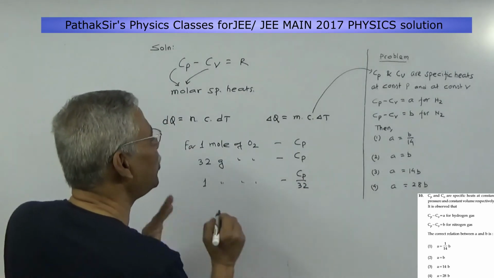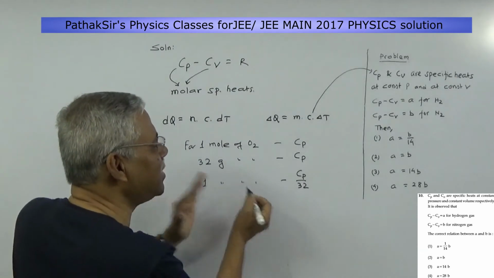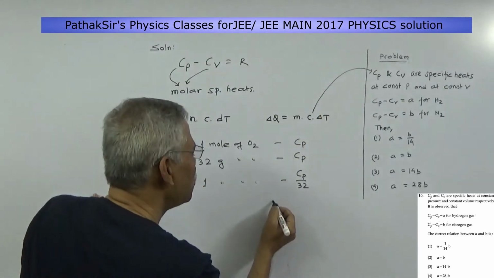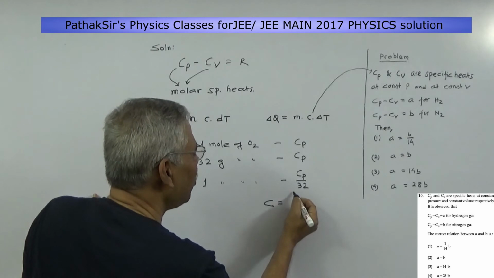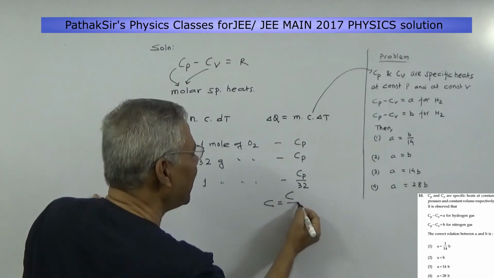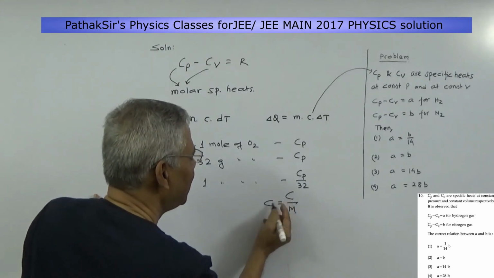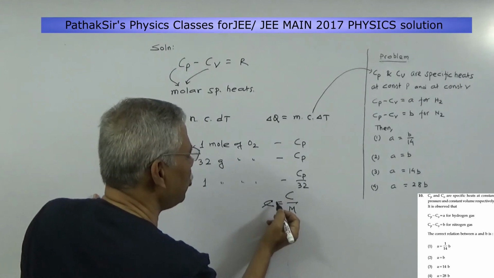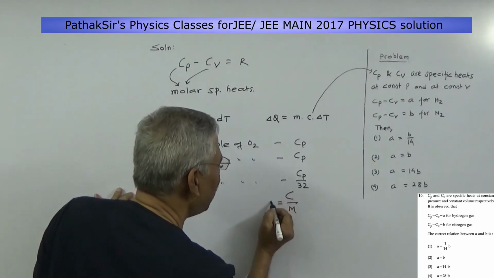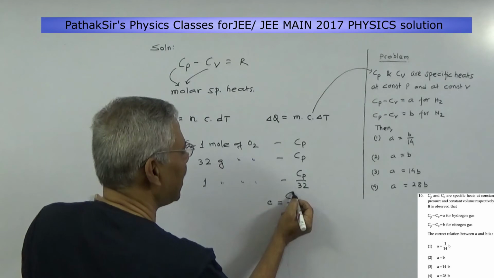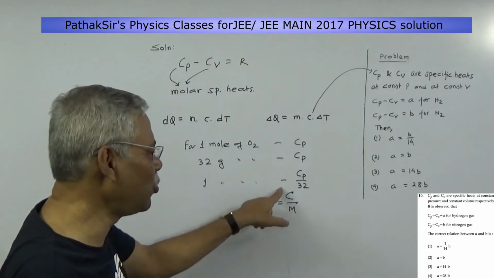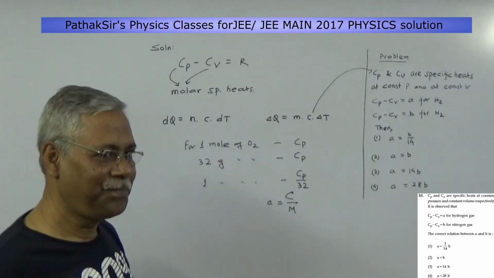Okay, so that means we can write, per gram means this is small c. So small c equal to capital C by m. I am using small c and this one is capital C. Small c equal to capital C by m.